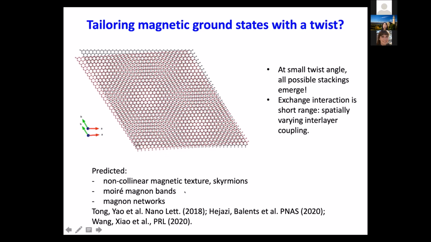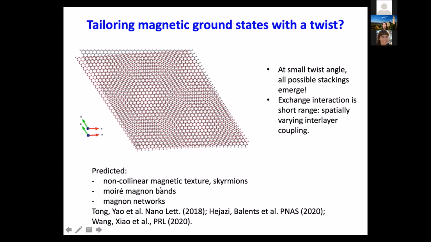And the theorists are quite ahead of us, so they have predicted some very interesting new magnetic states, for example, non-collinear textures or even skyrmions. By the way, the skyrmions here are not determined by DMI. They are due to the different stacking order and the competition between antiferromagnetic and ferromagnetic interlayer exchange interaction.